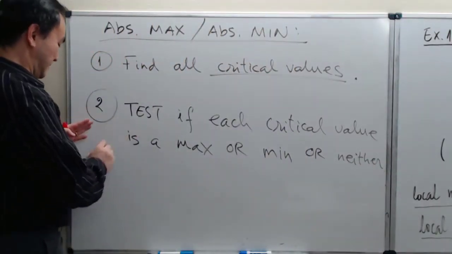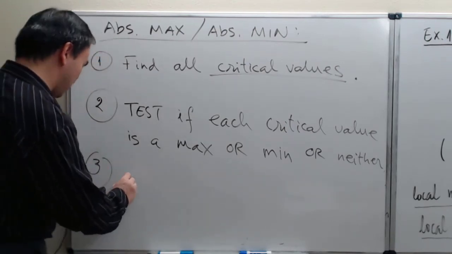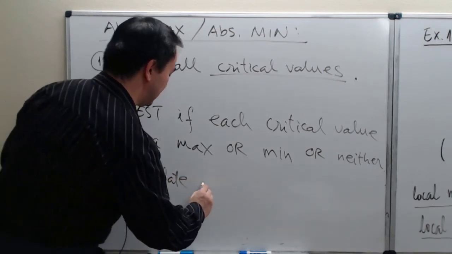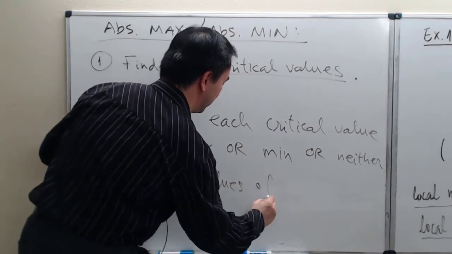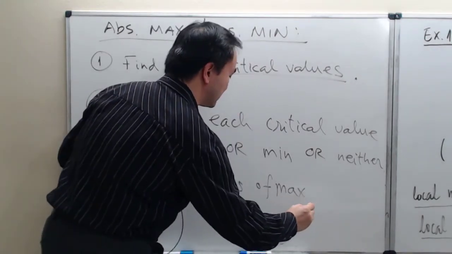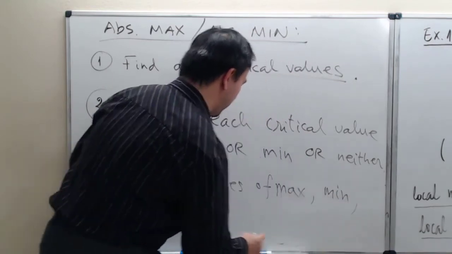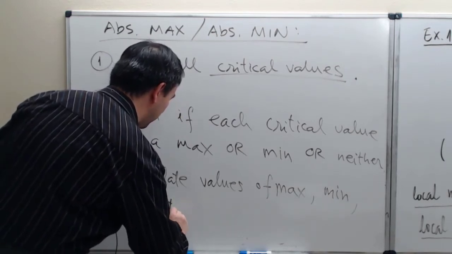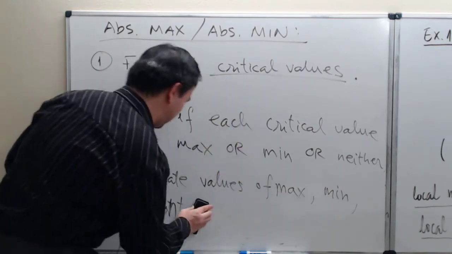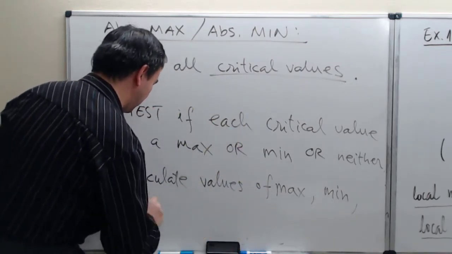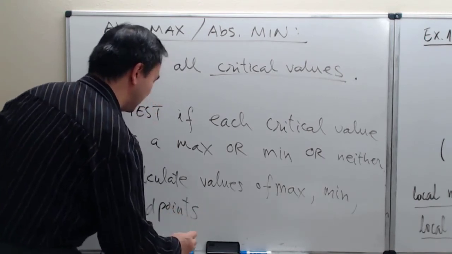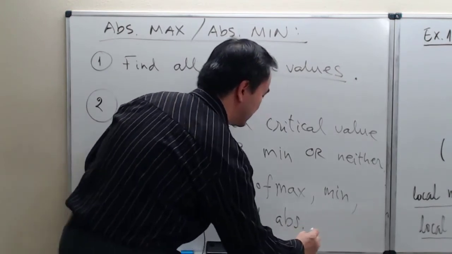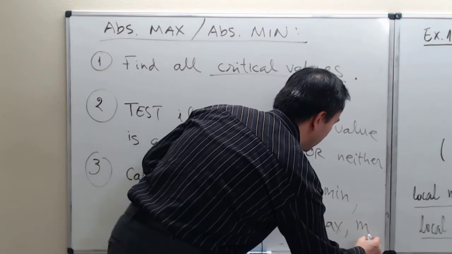And then after that, we are going to calculate the values of the maximum, of the minimum, also including the endpoints, all the 2 endpoints on the left and on the right, to find the absolute maximum and absolute minimum.